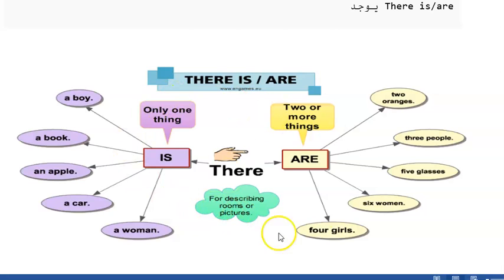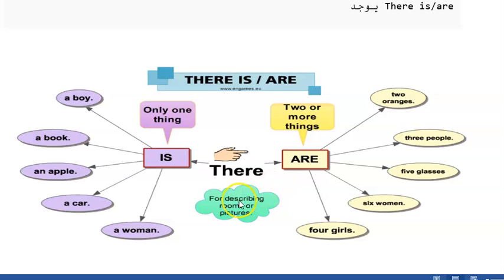So, like I said, this is a mind map with there is and there are. So look at the left hand side here. We have there is. Only one thing is. We know that already. It is. On the right hand side you have 2 or more things with are, plural, and again we know that they are my friends, it is a cat.